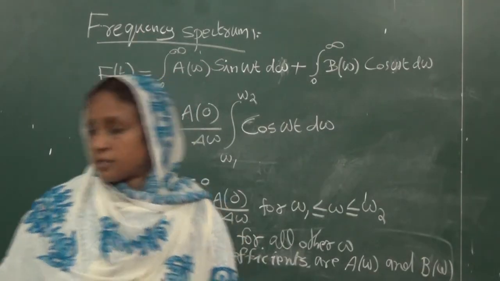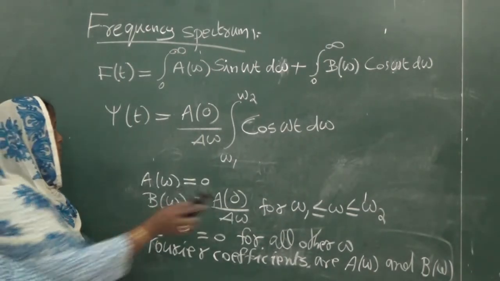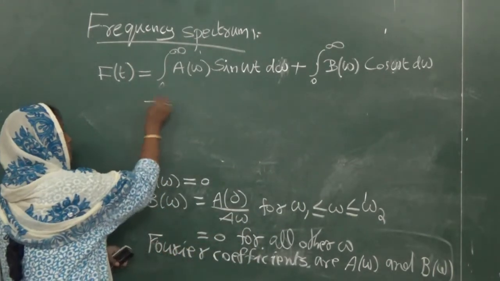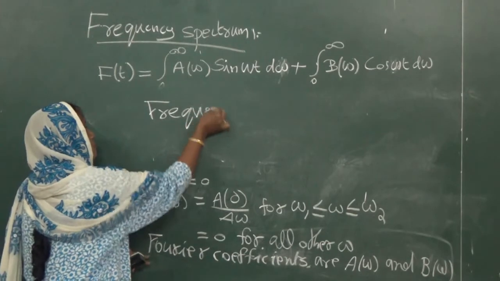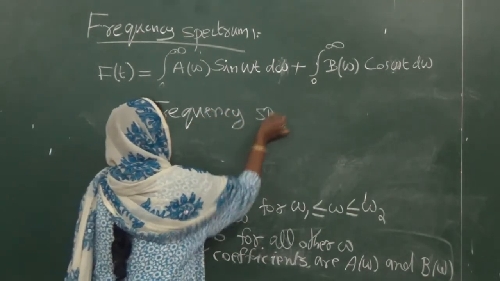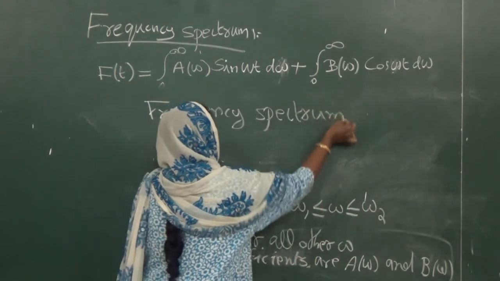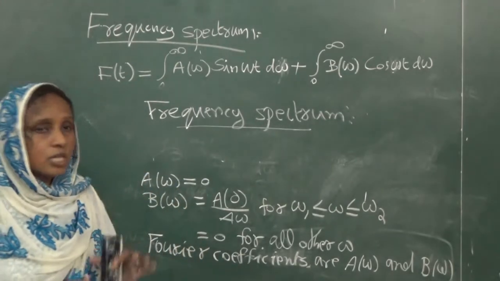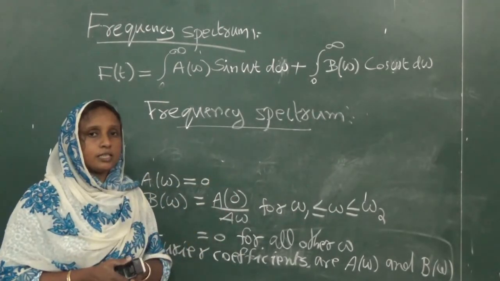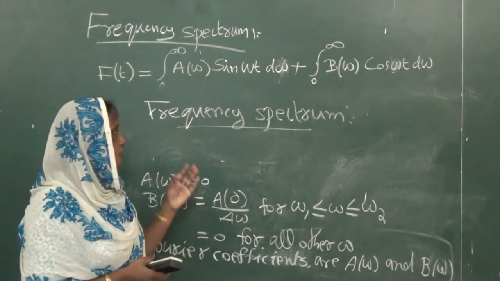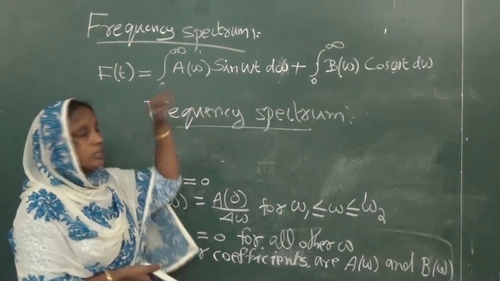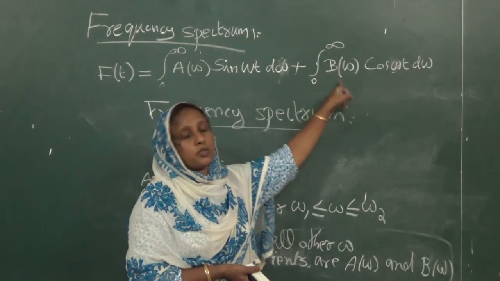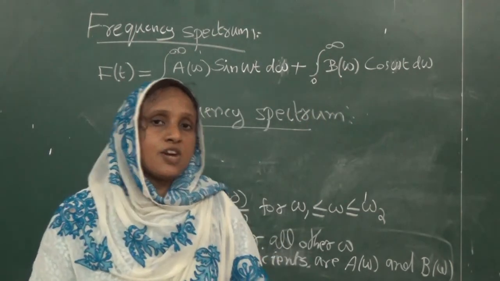So, we can learn next what is the frequency spectrum. The Fourier coefficient versus frequency is called the frequency spectrum of a function. That means if we plot a of omega versus omega and b of omega versus omega, those plots are called frequency spectrum.